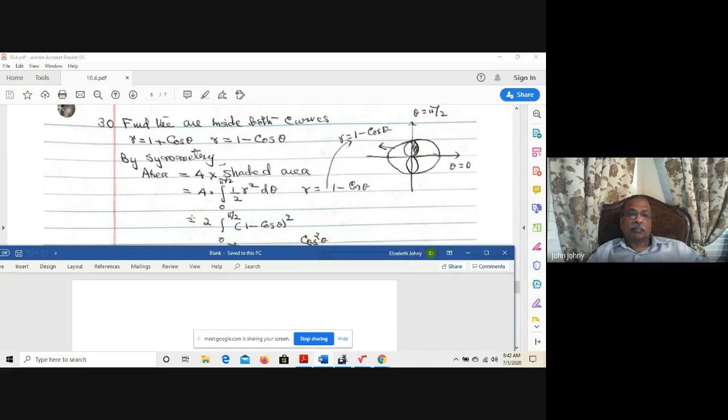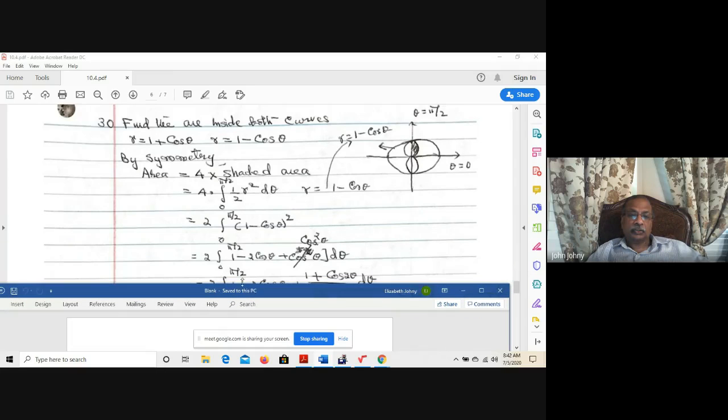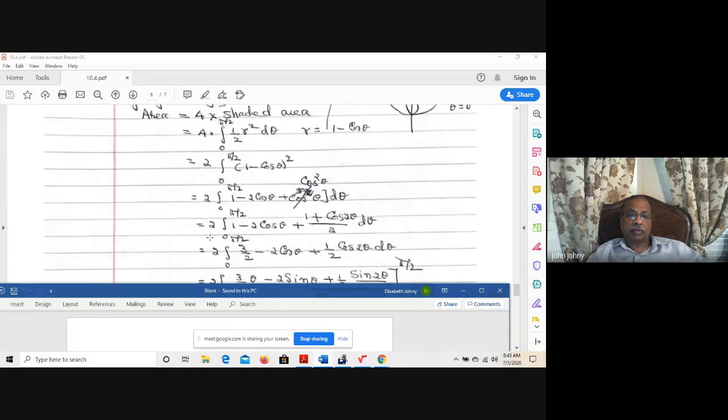So 4 times 1/2 is a 2 pulled out, integral 0 to pi over 2, 1 minus cos theta the whole squared, because r is 1 minus cos theta. FOIL, that is 2 times the integral 0 to pi over 2, 1 minus 2 cos theta plus cos squared theta, and apply the power reducing formula.